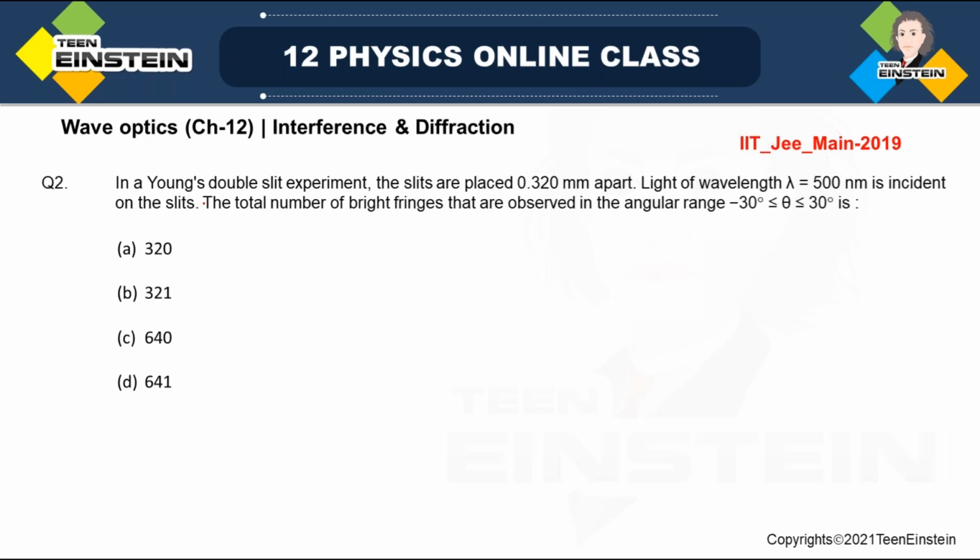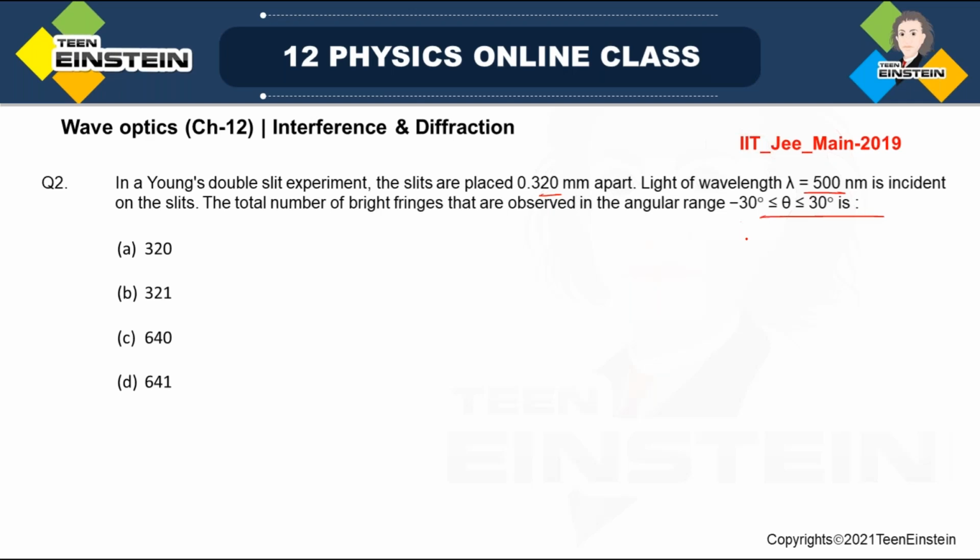In a Young's double slit experiment, the slits are separated by this much apart, and light of wavelength 500 nanometer is incident on the slit. The total number of bright fringes that are observed in the angular range, so we have to find out how many fringes will be there within this particular angular range.